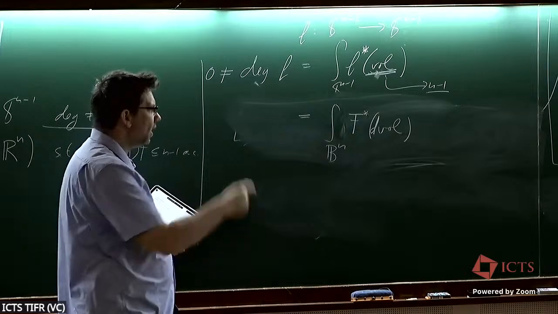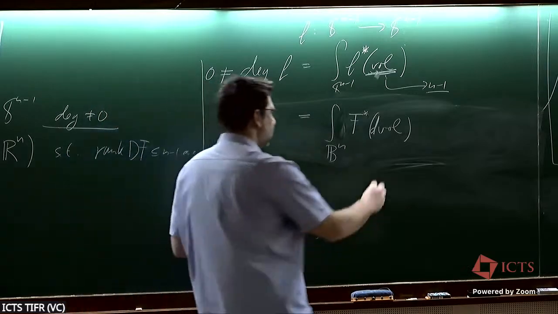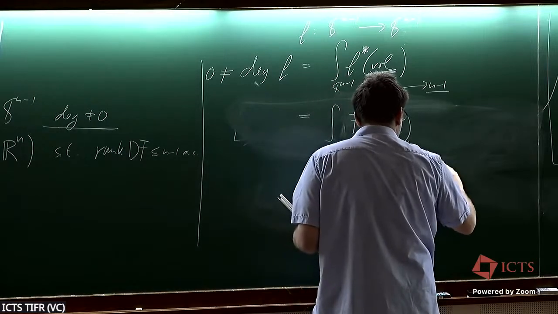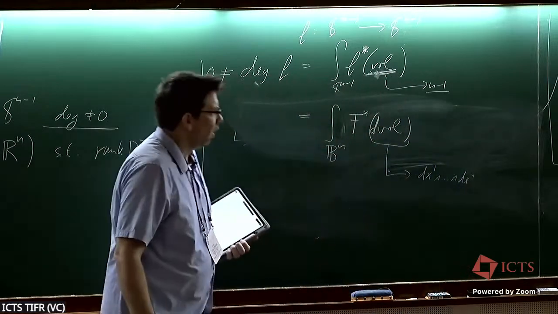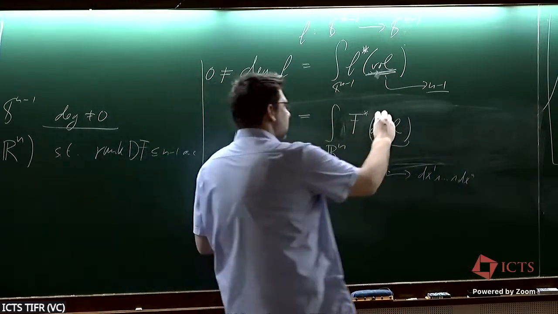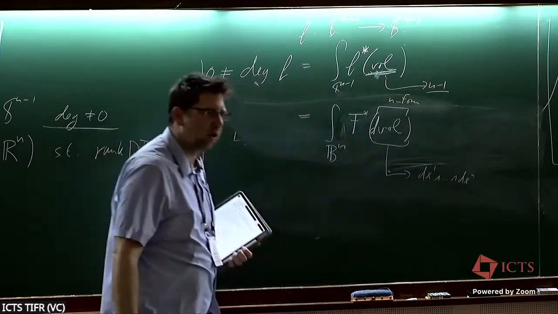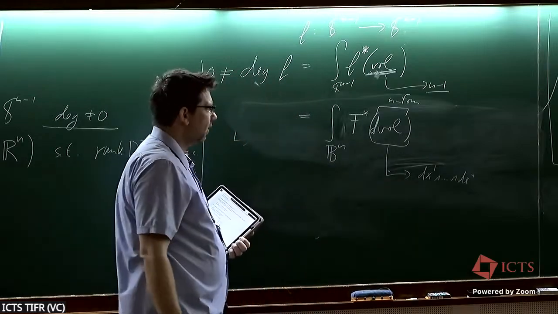And now, either I remember what the formula for the volume form is, right? So for the actual volume form of the sphere, this is dx1 wedge dxn. Or I just say, I don't care, this is an n form. Any n form is a multiple of something like this, right?